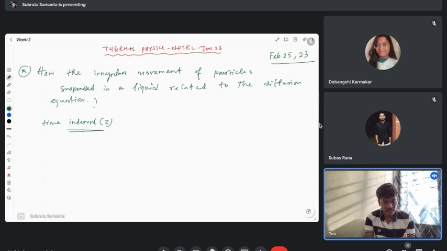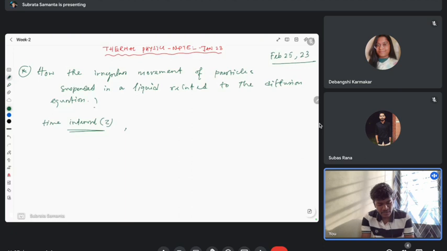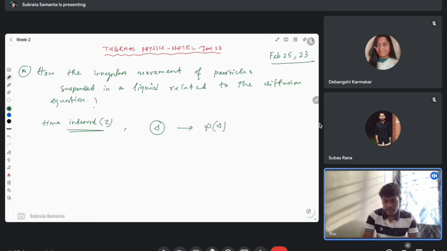That means the particle travels a distance delta in each time interval independent of the other intervals. This delta follows some probability distribution, phi delta, right?